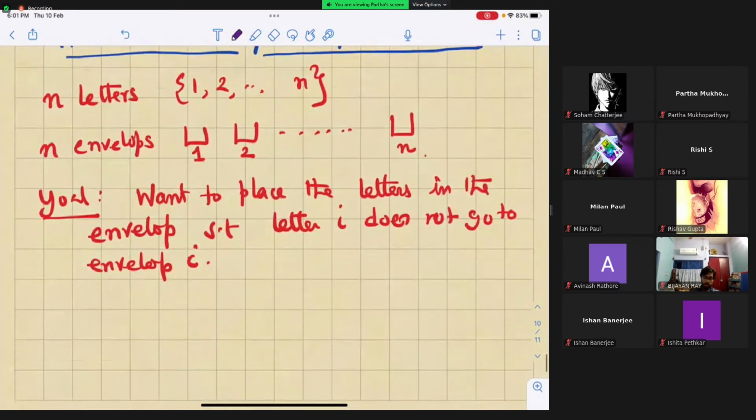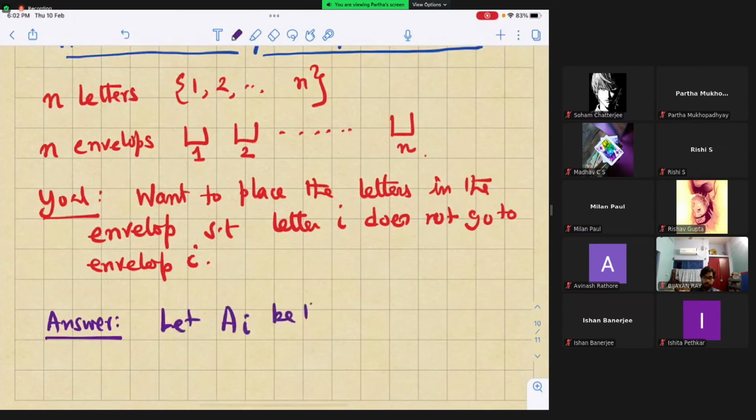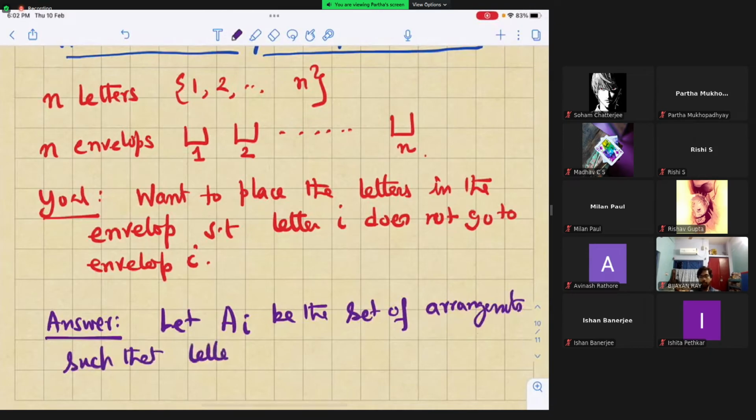So let's try to answer it. Let A_i be the set of arrangements such that letter i goes to envelope i.